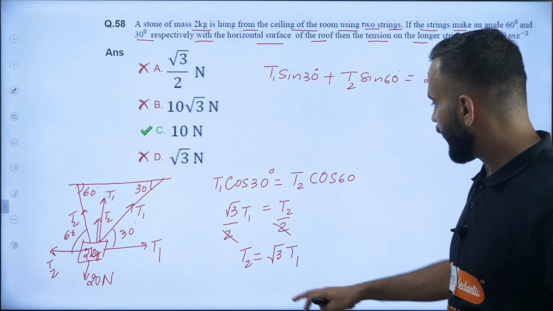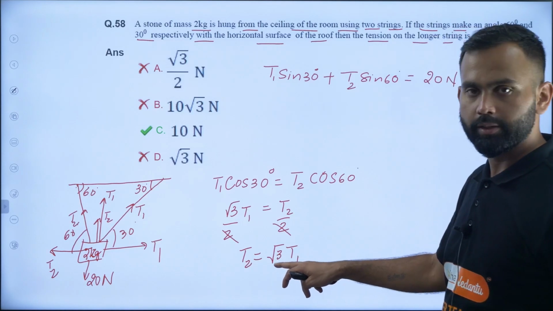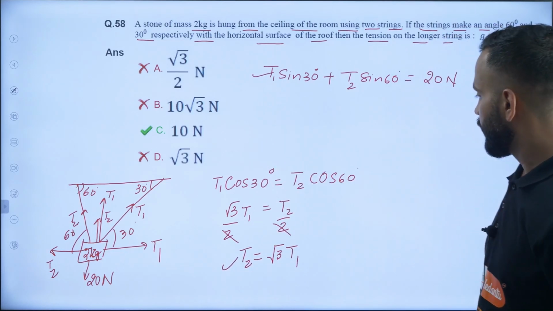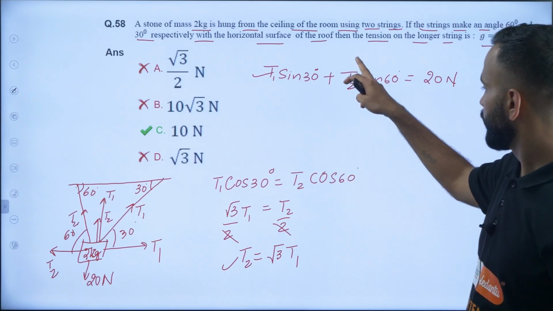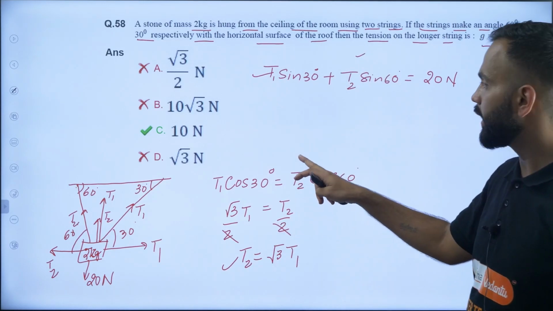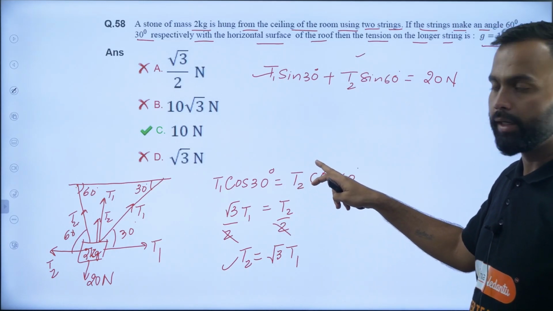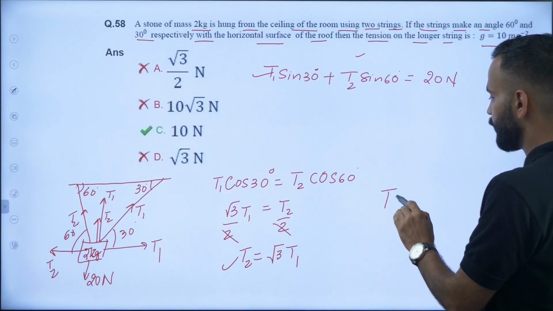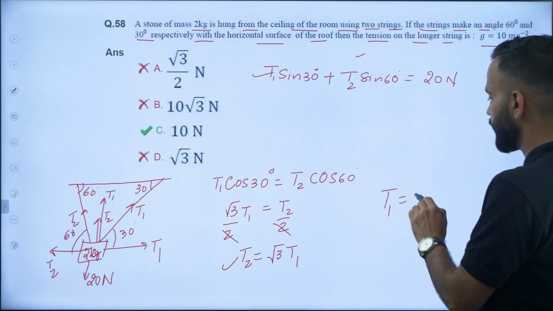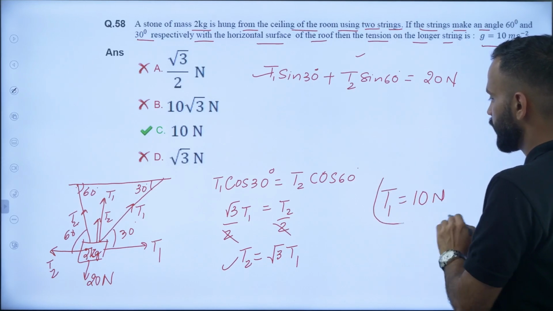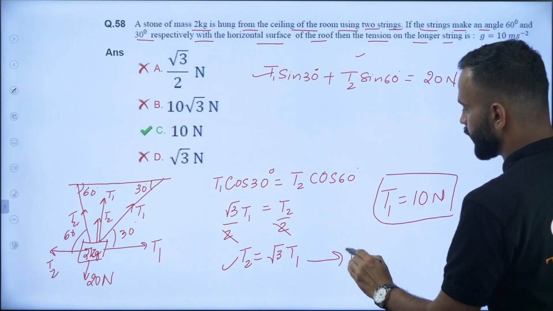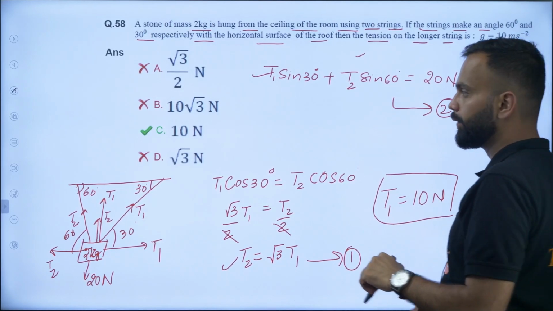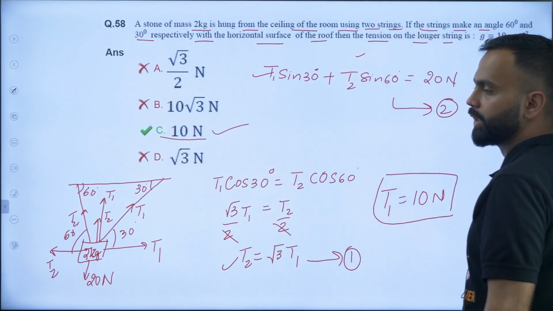We have the expression of T2, so substitute it into this equation, and you will get the value of T2 and then T1. Solve these two equations, the first and the second, and you will get T1 equal to 10 Newton. The correct option is C.